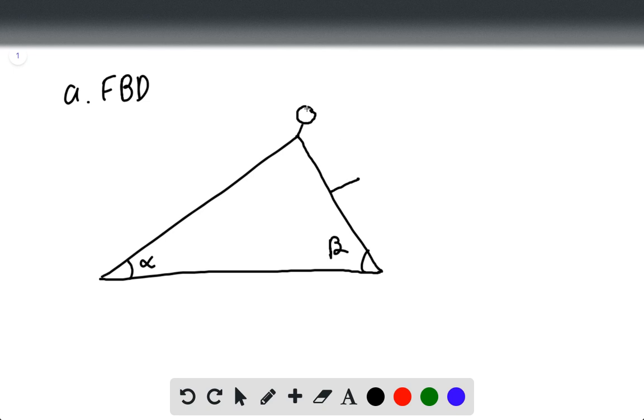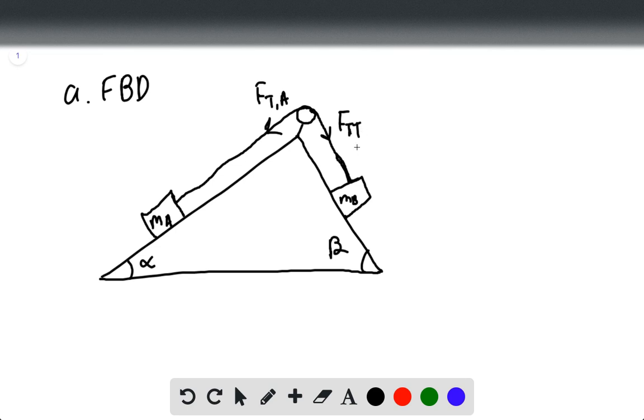And we have a mass here, mass B, and then we have a mass A. We have here force tension of A, and here force tension of B. And then we have the force of gravity of A, and here the force of gravity of B. So this would be the full free body diagram, and then we have the acceleration here.